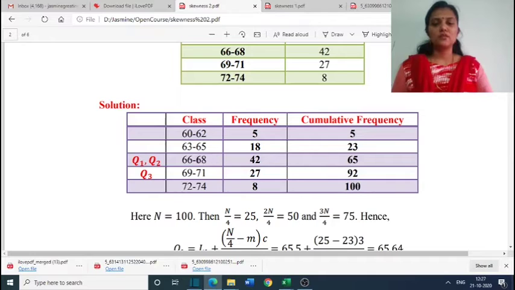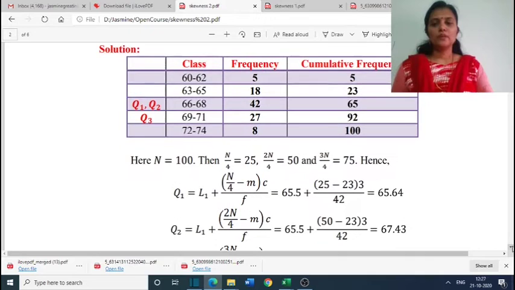So Q1 is in the class 66 to 68, and 2n by 4 is equal to 50, which also lies between 23 and 65, so Q2 is also in the class 66 to 68. Now 3n by 4 is 75, between 65 and 92, so the Q3 class is 69 to 71.